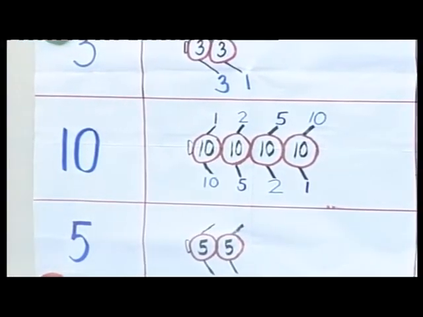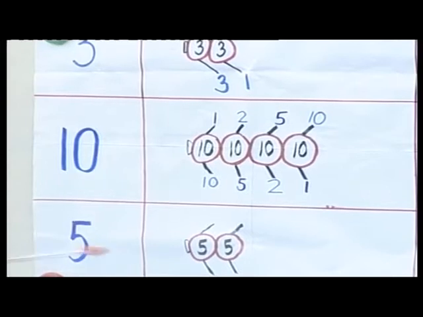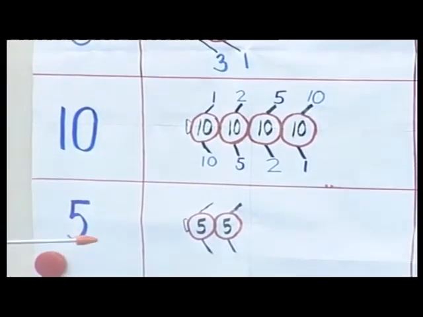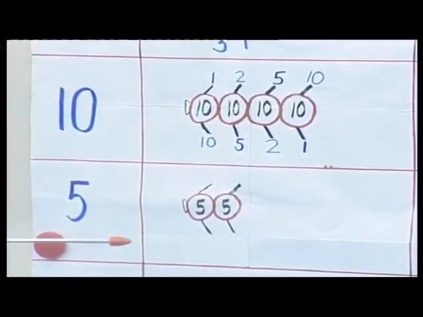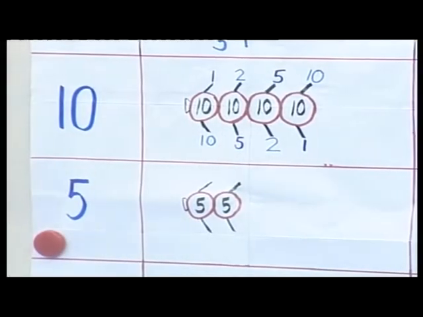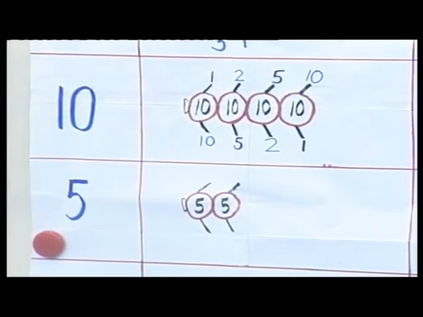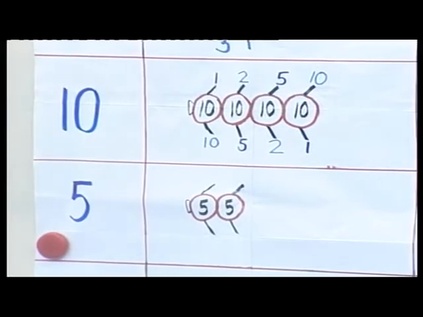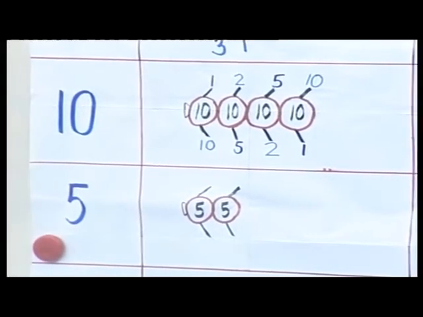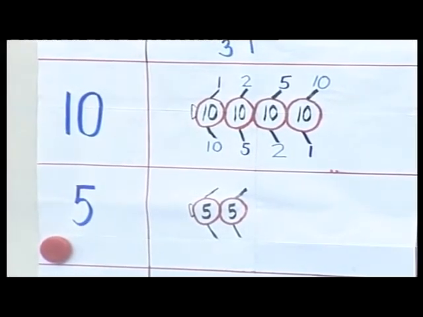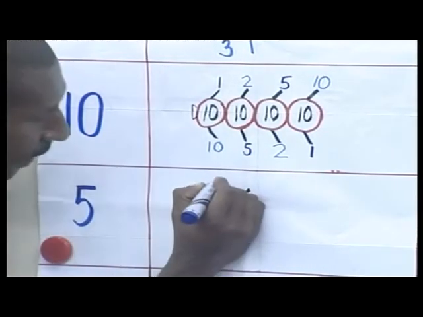Now let's go to the next whole number, 5. What are the factors? This time, you have to figure out the numbers or give the factors of 5. Yes, our friend here. Give me the first one. 1 times 5. Very good.